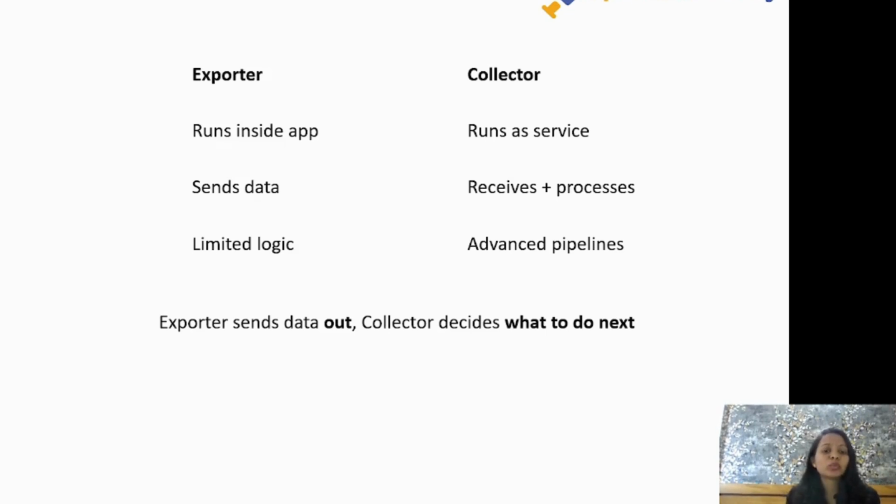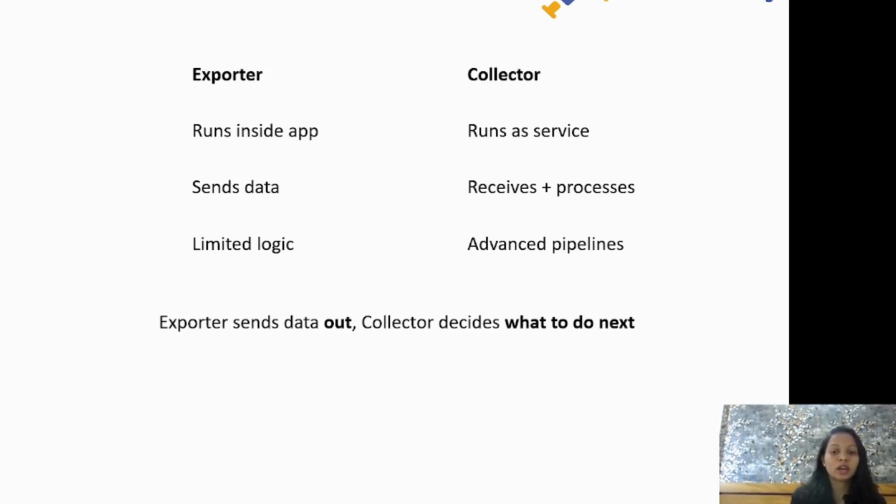Think of the exporter as a postman and the collector as a sorting center. Exporters just send the data out and the collector decides what to do next. This is the common difference between the exporter and the collector. It is mostly asked, so you should be able to explain it very clearly.